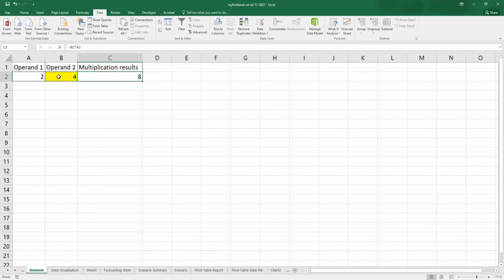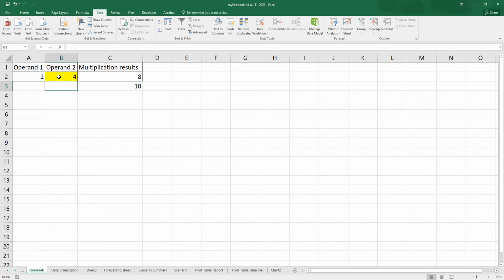In this case, assume that you want to have the multiplication result of, let's say, 10, while operand 1 is 2. You can see that here it's easy because it's multiplication. Then operand 2 must be 5 for sure.